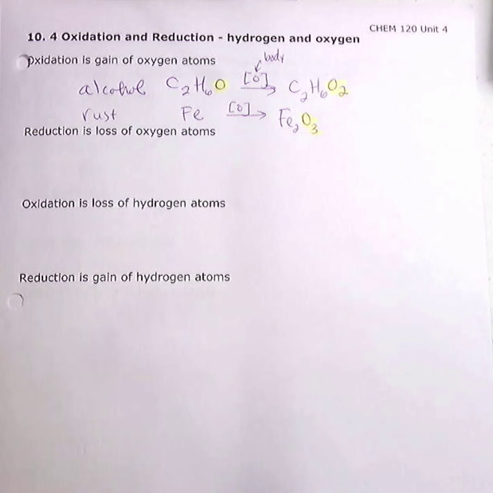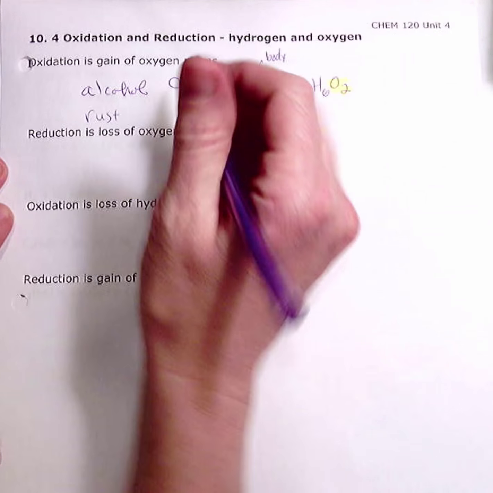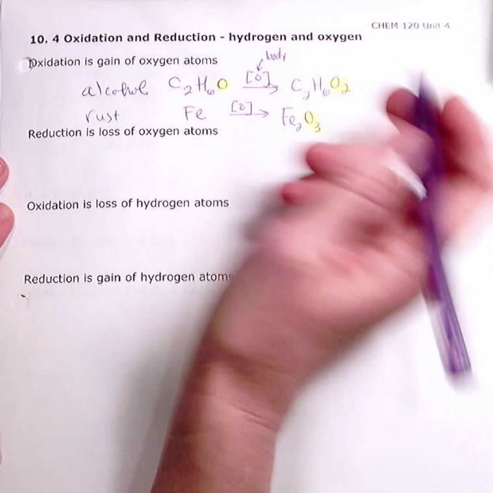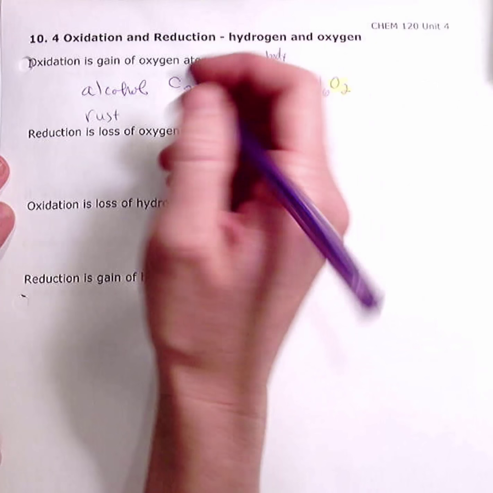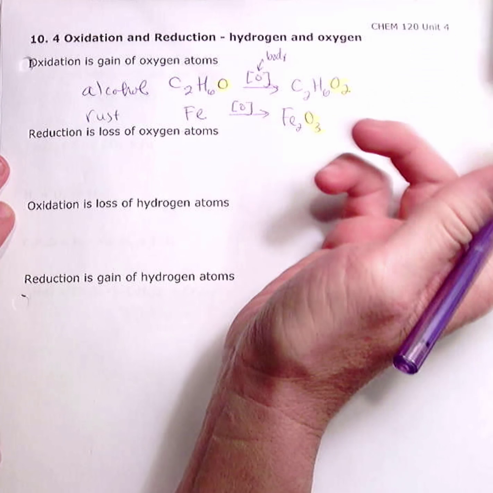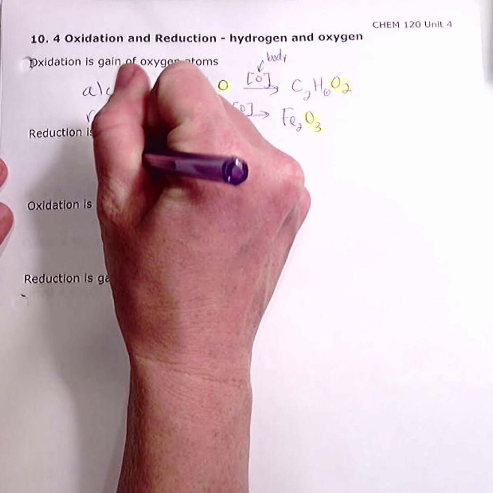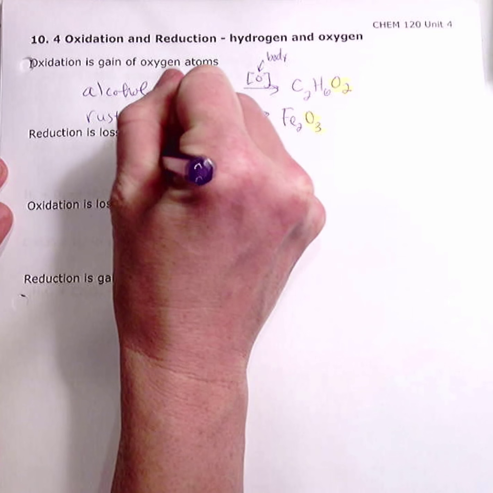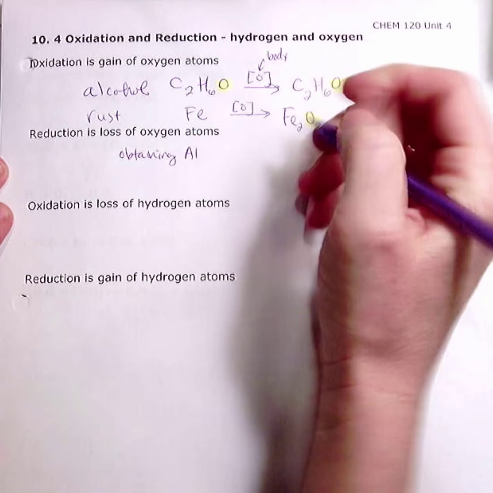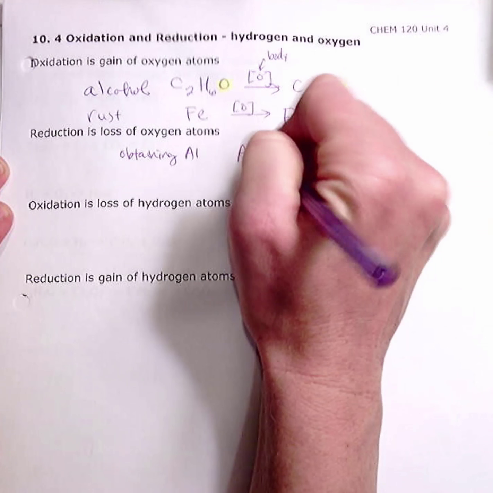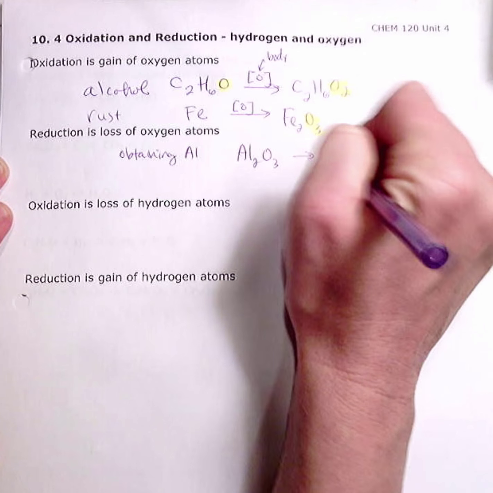So when you're trying to get aluminum from aluminum ore, which everybody tries to do nowadays, right? No, I'm joking. But it is a process. So obtaining aluminum: you have Al2O3 just going to plain aluminum.